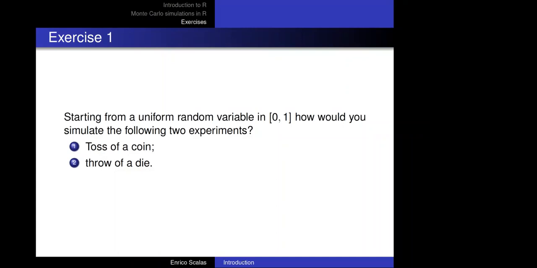But many things can happen. For instance, if you are good enough and careful enough, and this is used by conjurers and also cheaters, you can make the experiment in a way that you end up always with the face you wish to end up.